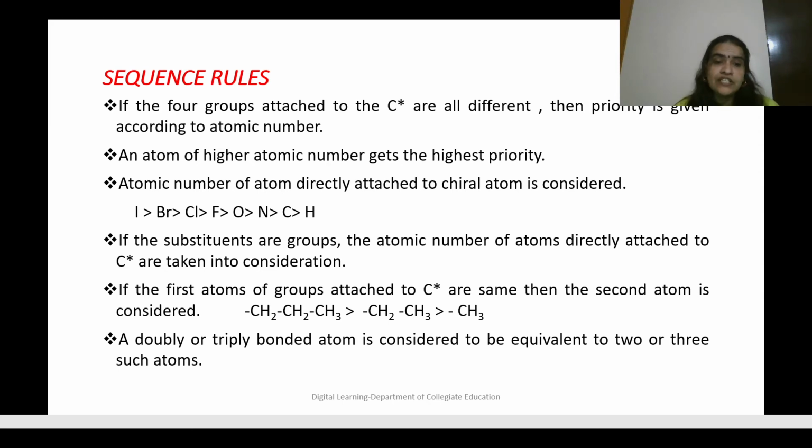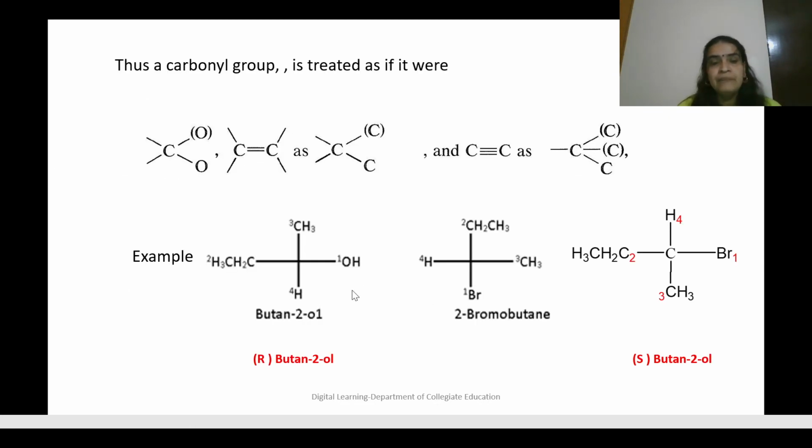A doubly or triply bonded atom is considered to be equivalent to 2 or 3 such atoms. For example, if you have a carbonyl group, for example CHO, then the C double bond O is considered as a carbon bonded to 2 oxygen atoms. So C double bond O means C single bond O, single bond O. Similarly, C double bond C means C single bond C, single bond C. It is considered as 2 sigma bonds connected to carbon atoms itself.